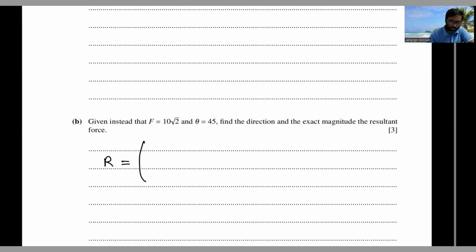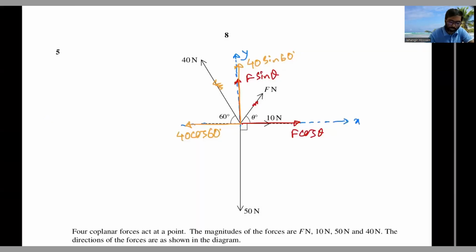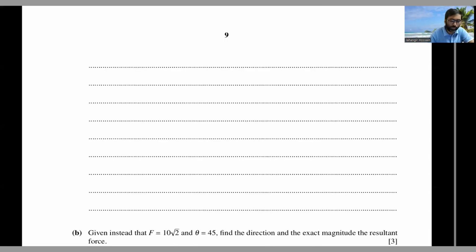We have 10 Newton along the x-axis, so its x component is 10 and y component is 0. Then we have F acting at an angle with the x-axis in the first quadrant, so the x component is positive and the y component is positive as well.